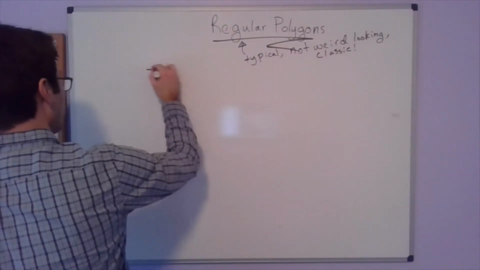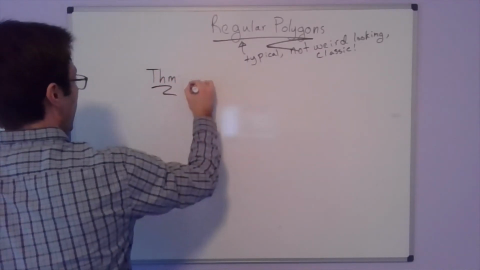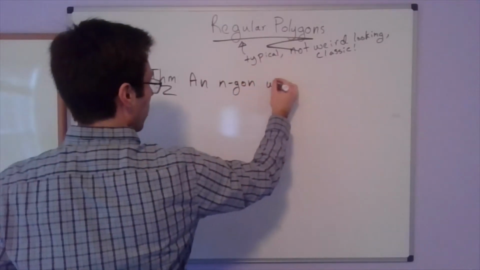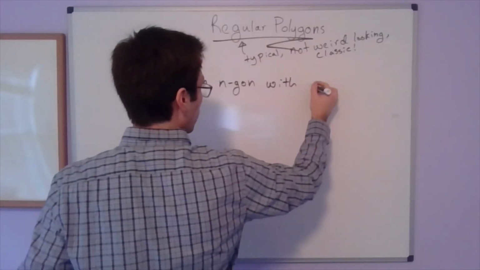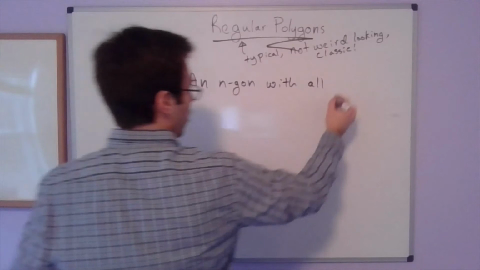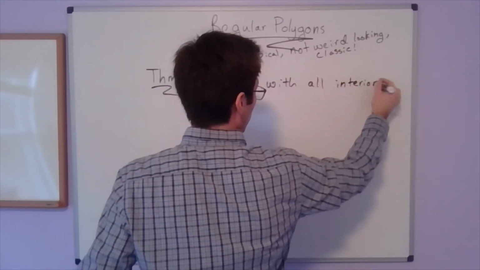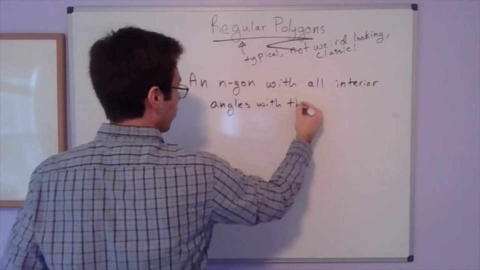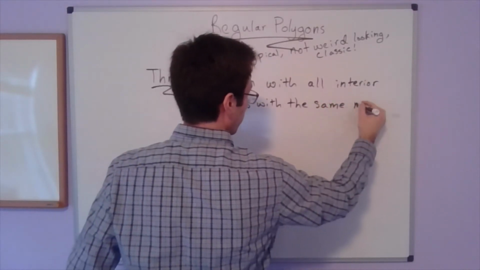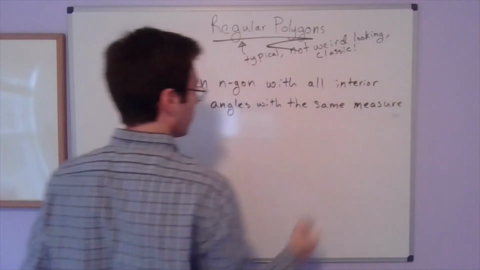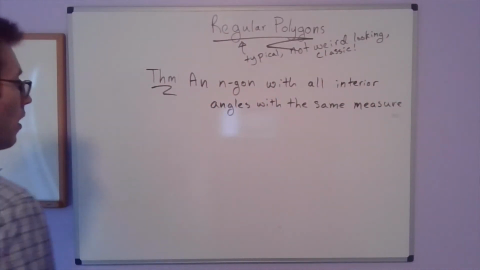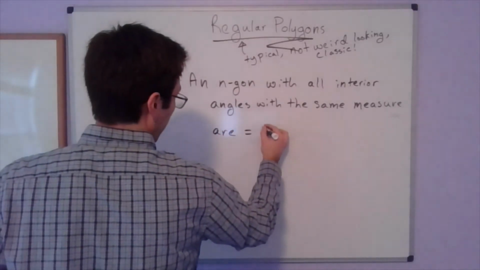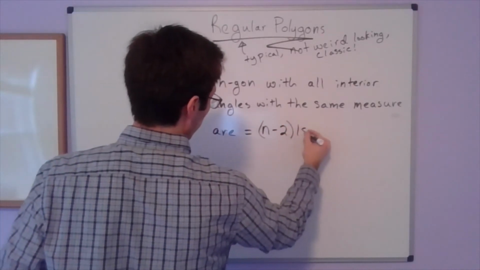So, theorem. An n-gon, an n-sided polygon, with all interior angles with the same measure, the sum of the interior angles is equal to n minus 2 times 180.